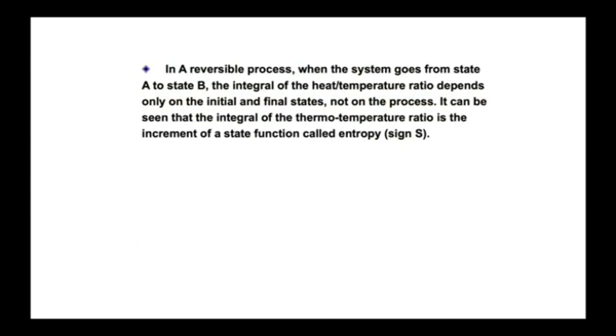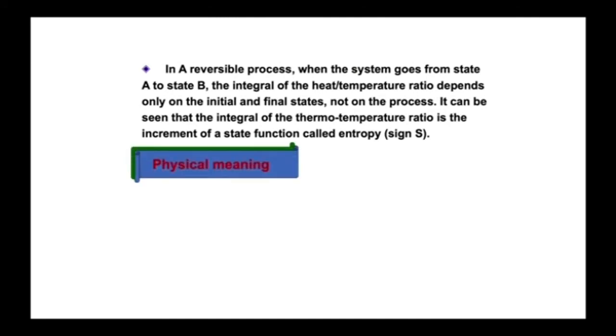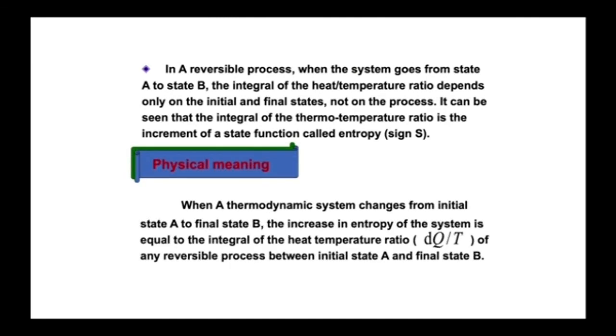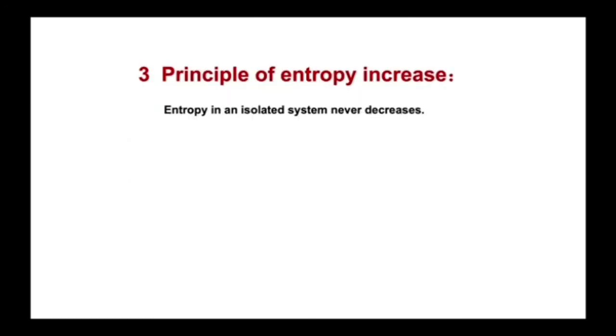Here is the definition of the entropy S, and the physical meaning of it. dQ by T is taken over any reversible process between initial state A and final state B. The entropy of an isolated system never decreases, so the delta S is always bigger than or equal to 0.